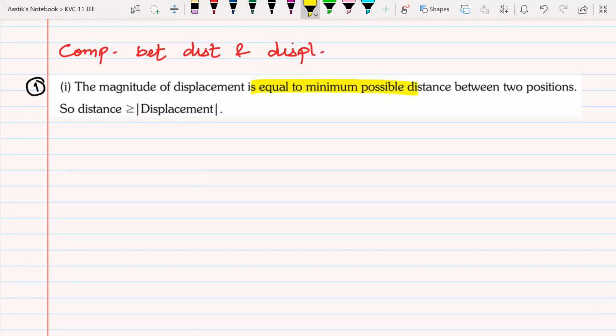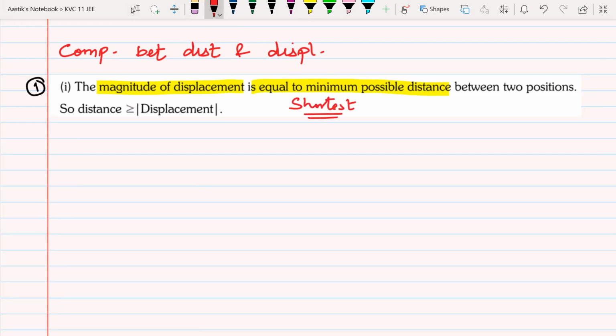Some people also call it the shortest distance. I told you in the last class, as a last resort, you can understand displacement in terms of magnitude and direction. The magnitude of displacement is equal to the minimum possible distance or the shortest distance. Do we remember this? Yes or no? Please tell me.